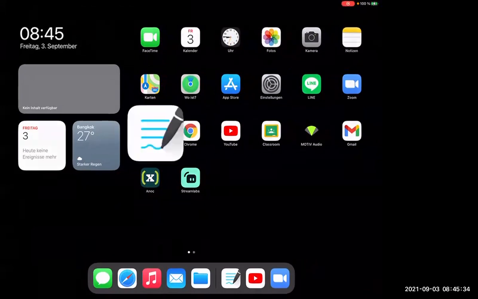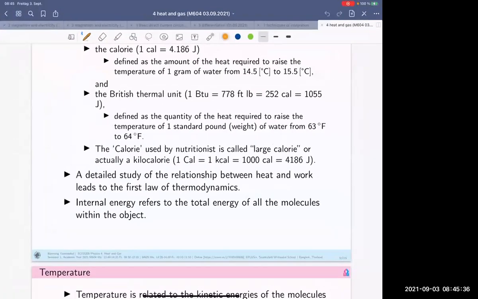Yeah, here. The capital calorie is the bigger version for the same thing, which is the units. Which is the unit calorie.